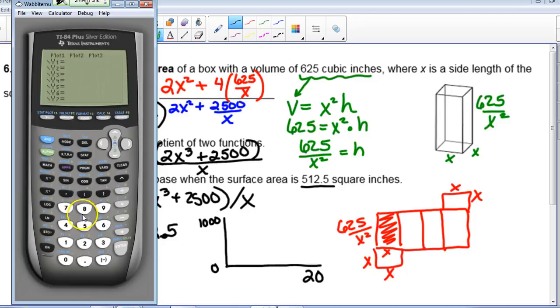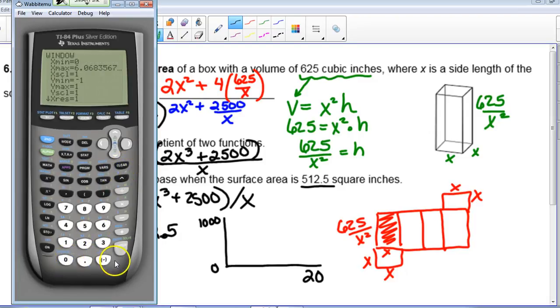Make sure you don't have a stat plot on or anything like that. Your graph isn't showing up? Did you change your window? I might not have put down something appropriate. We can check here, but make sure it's not going to show up in a standard window.